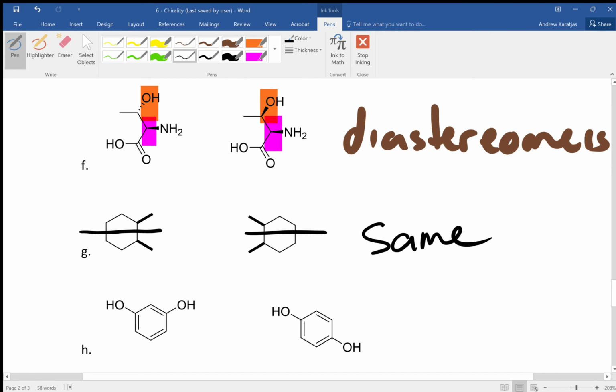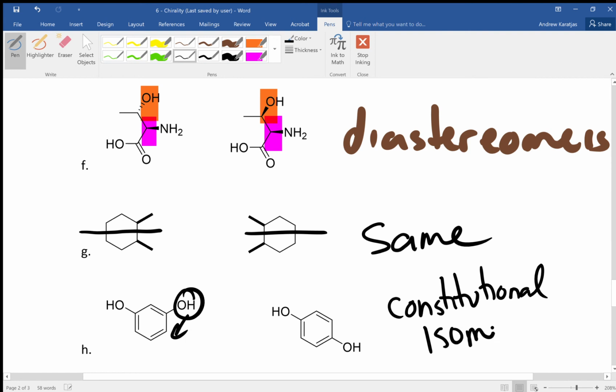Part H, there's no chirality to worry about at all. In fact, what we did was we actually took this OH and moved it. So these are what we would call constitutional isomers. Same chemical formula, different connectivity.